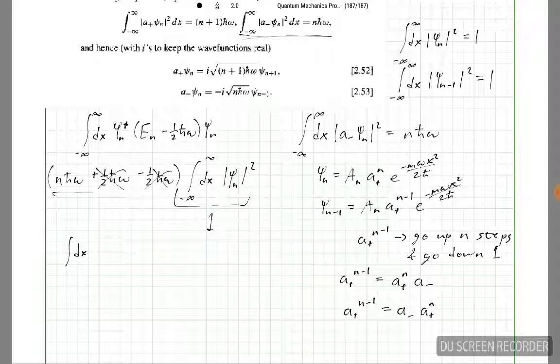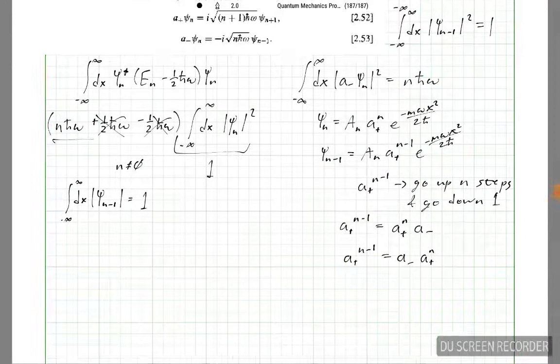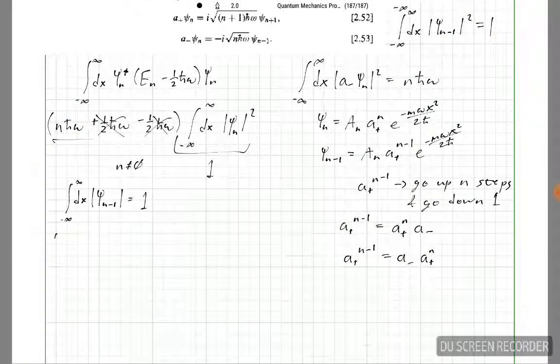So what we're going to start with is this solution, because we know that this is a normalizable solution. N does not equal 0. Now let's write out what that is explicitly, because that's the point.